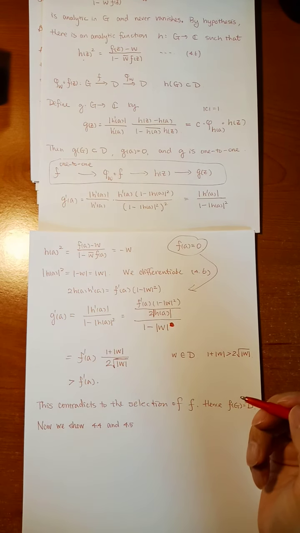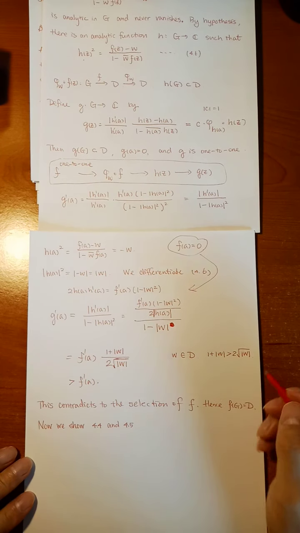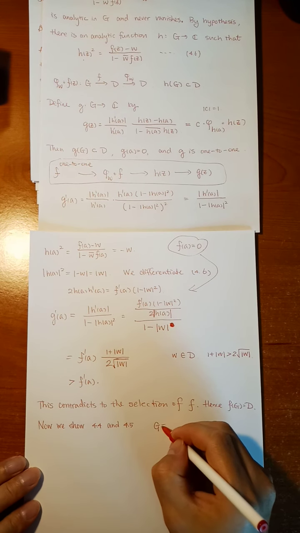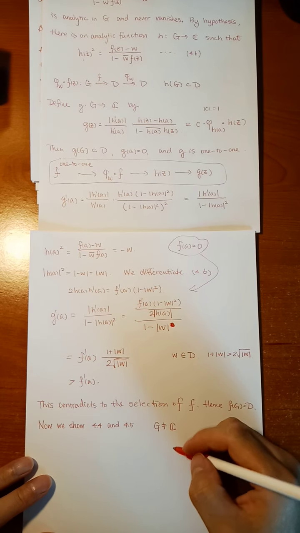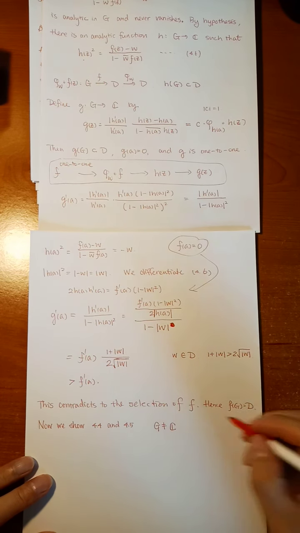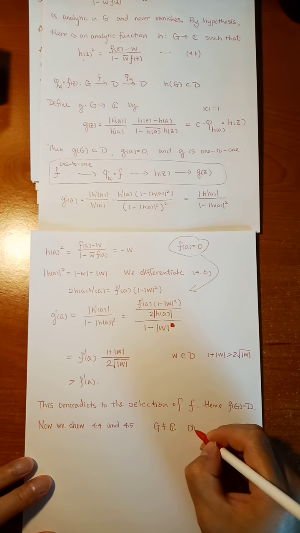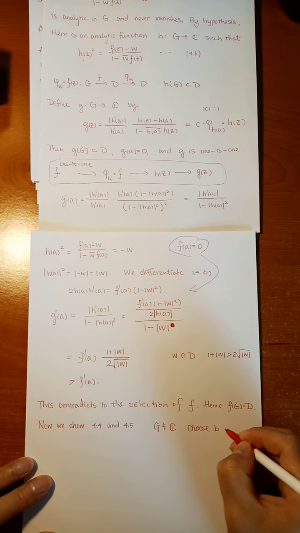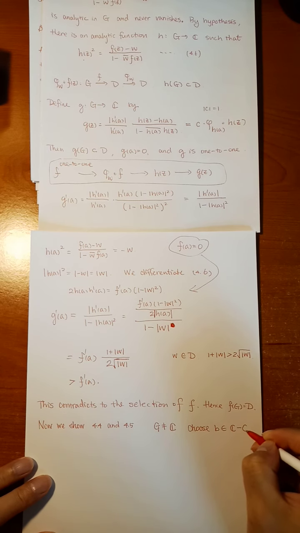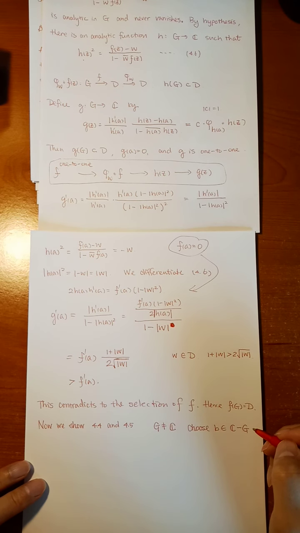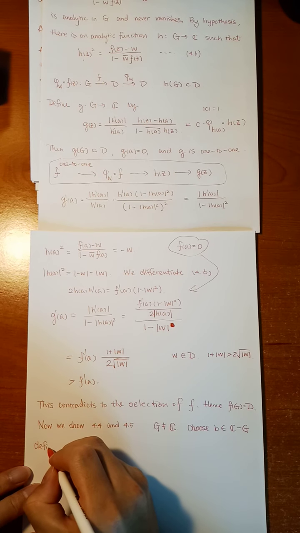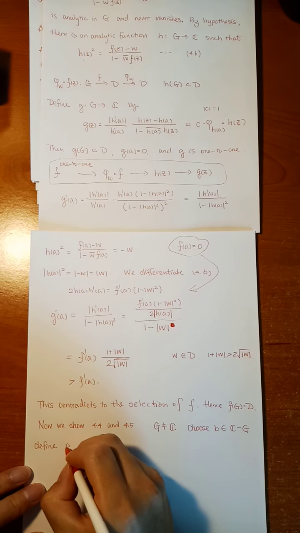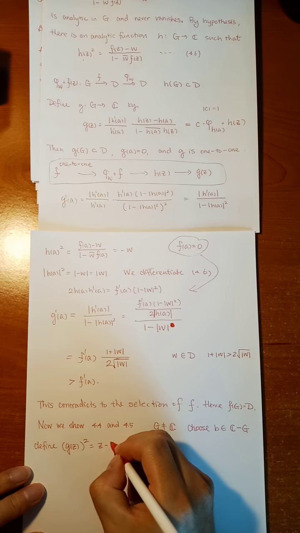We show 4.4 and 4.5. How do we show it? Remember that we always exclude C. G is not C, so we choose B in the complement of G and define g of z squared equal to z minus b.